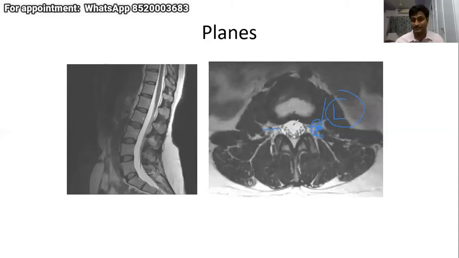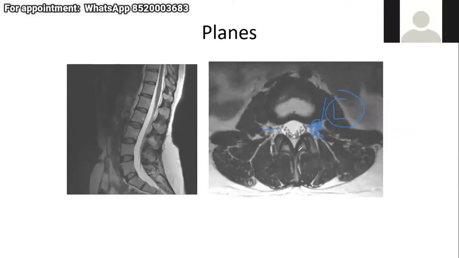So if I'm able to see so many nerve roots, is this cut above L1 or below L1? Above L1. No, if it's above L1, I'll be seeing a solid spinal cord, the conus medullaris. This is cauda equina made up of so many individual nerve roots. So this cut is below L1.